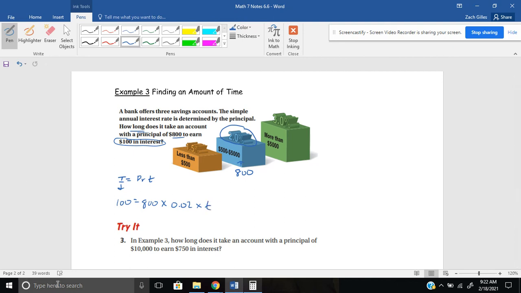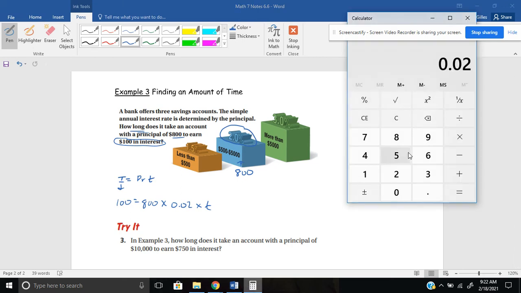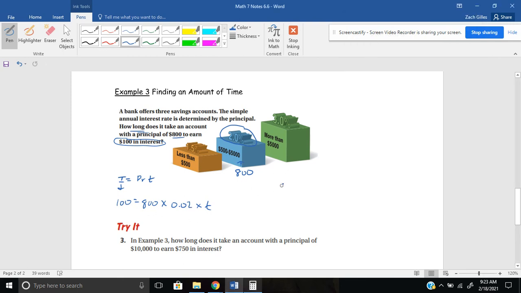So very similar to before, I can simplify here, and then I can divide on both sides to find my time. So let's try that out. 0.02 I already have from my last problem, times 800 gives me 16. So this would simplify to 100 equals 16 times t.